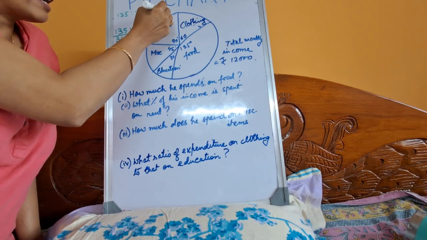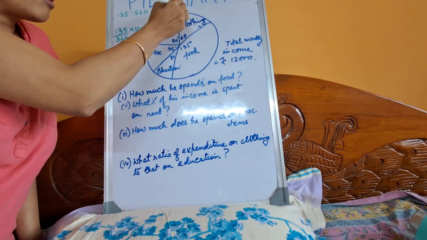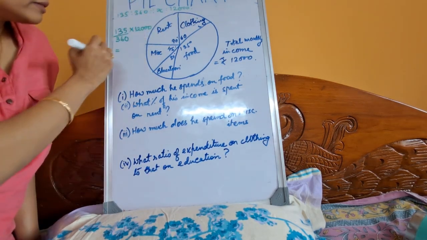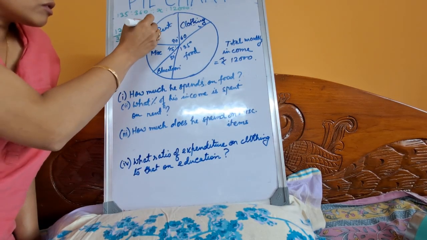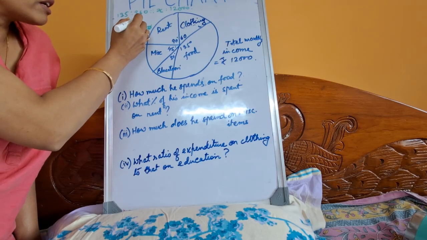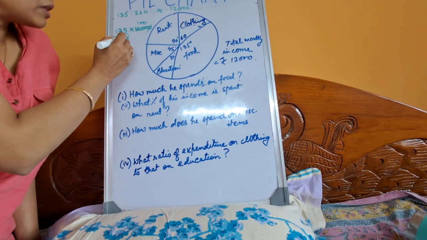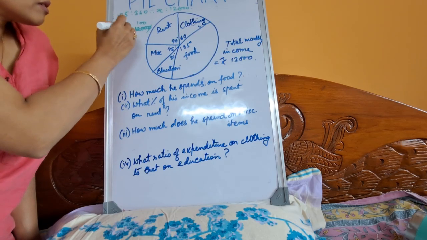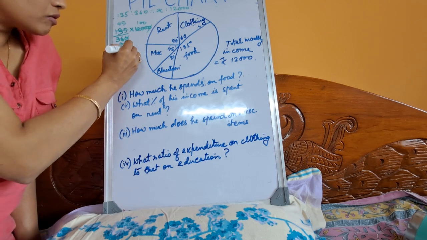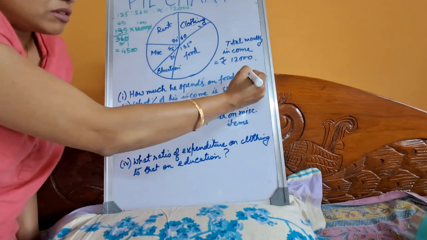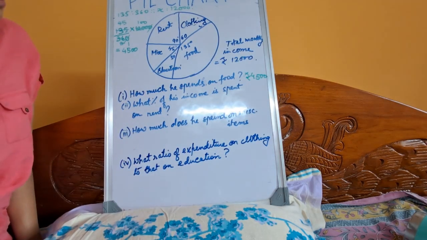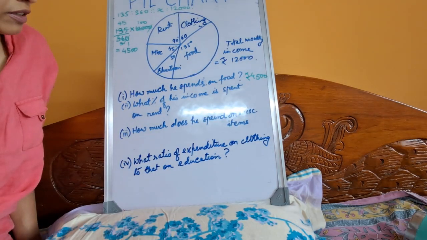If it is x, then x out of 12,000. Same thing. Cut the zeros, 1200 goes 100 times, 36 goes 3 times. 4 threes are 12, 4 fives are 20. So it is 4500. So the answer is rupees 4500. So much he spends on food.